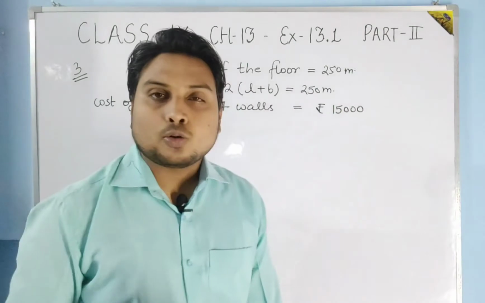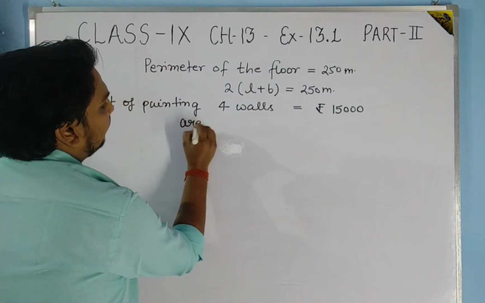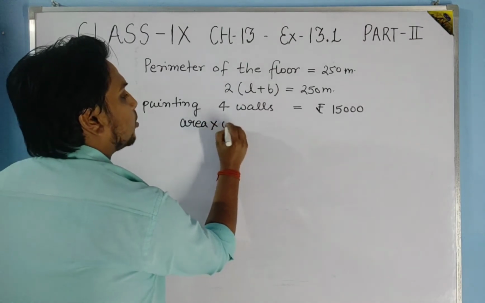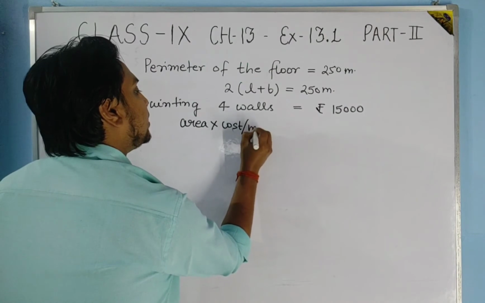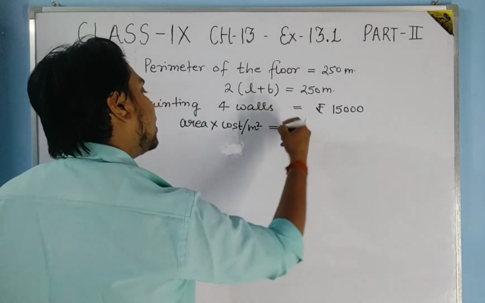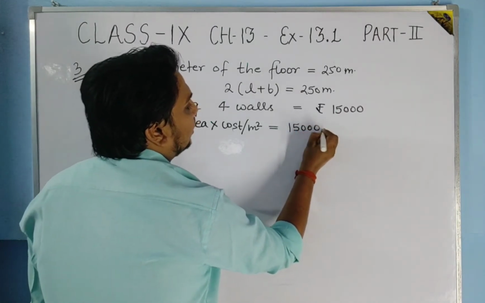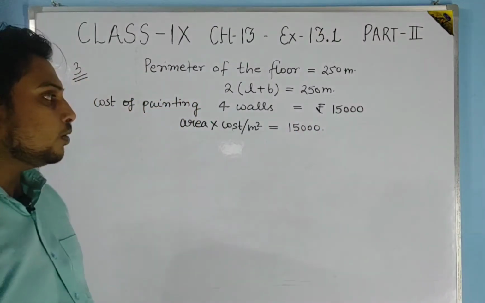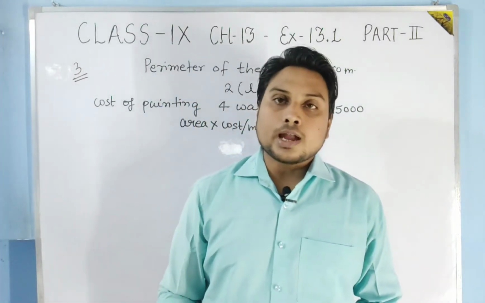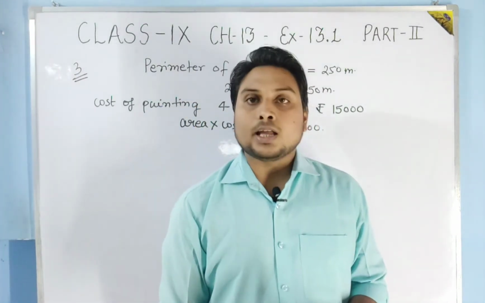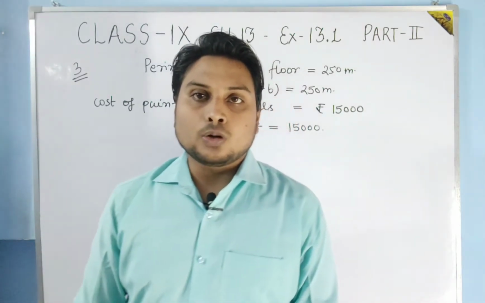If we multiply the area into the cost per meter square, then we will get the total cost, and the total cost is given as 15,000. When we get the value of the area, and multiply area into the cost per unit square, then we will get the total cost.